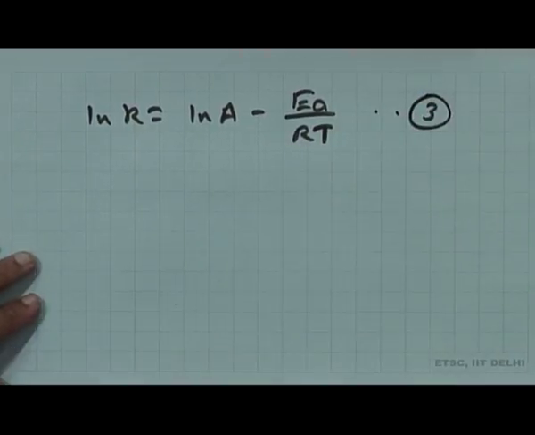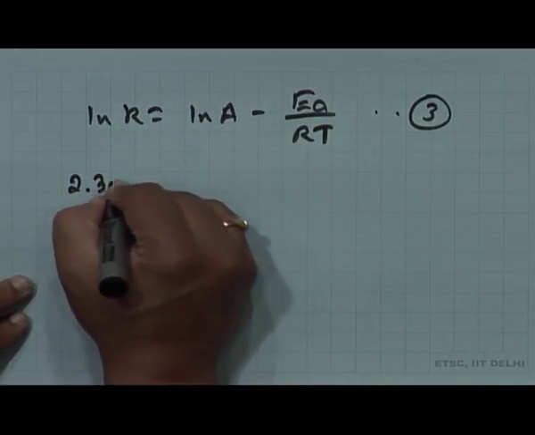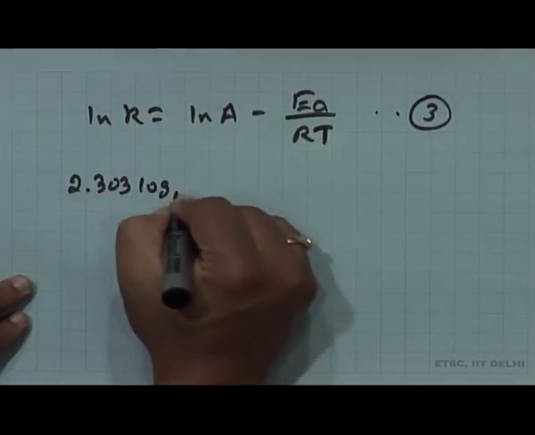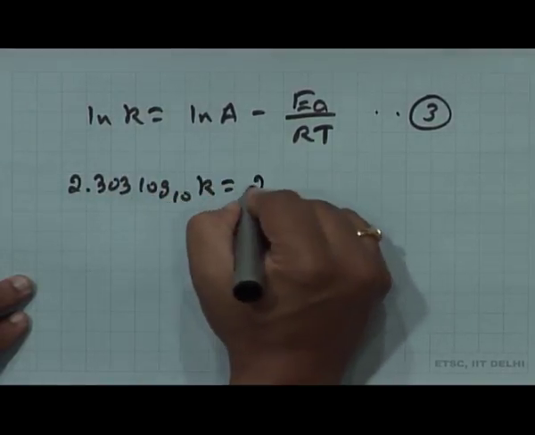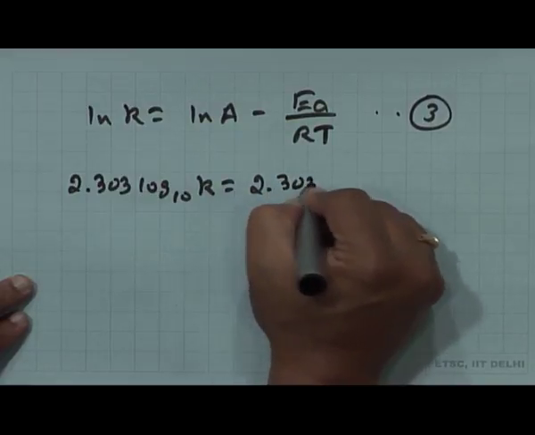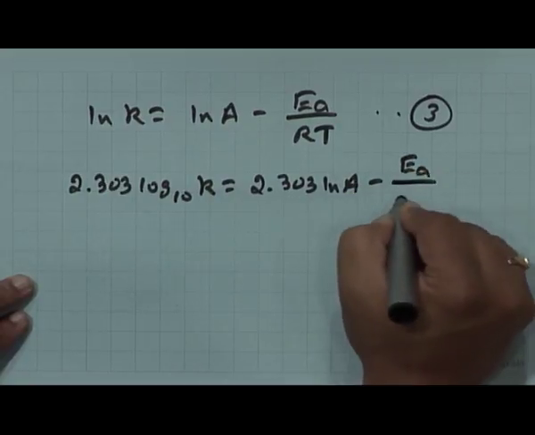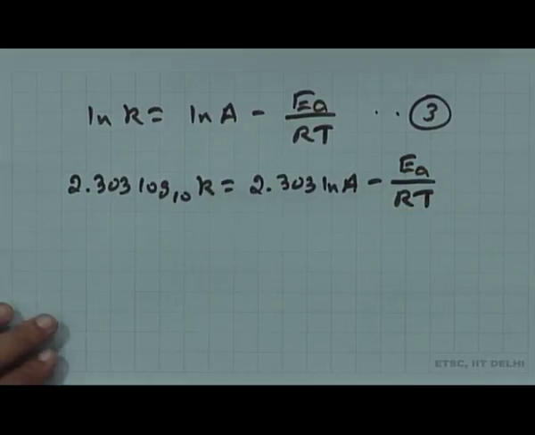Let this be 3. I can also express it in terms of log base 10. So then it would be 2.303 log base 10 k is equal to 2.303 natural log of A minus EA over RT.